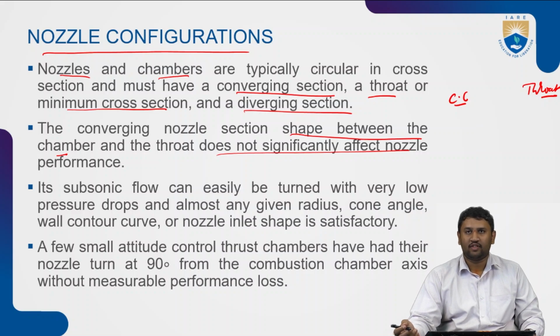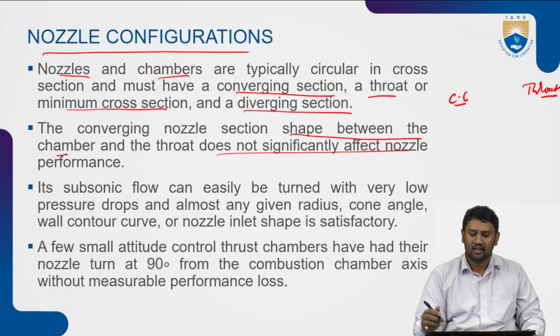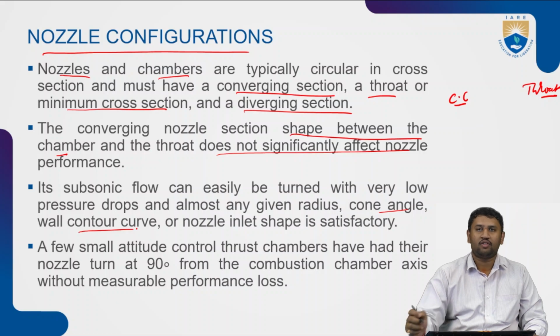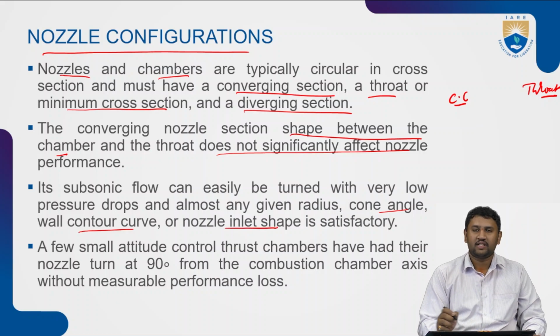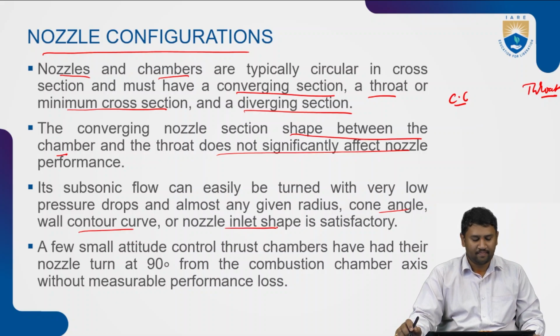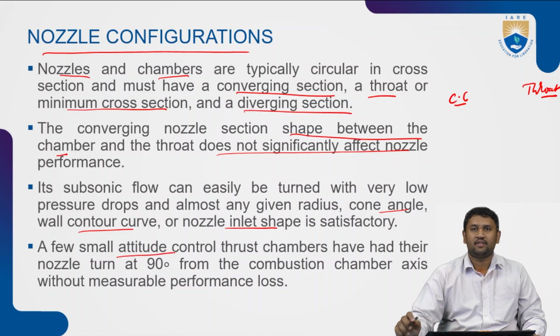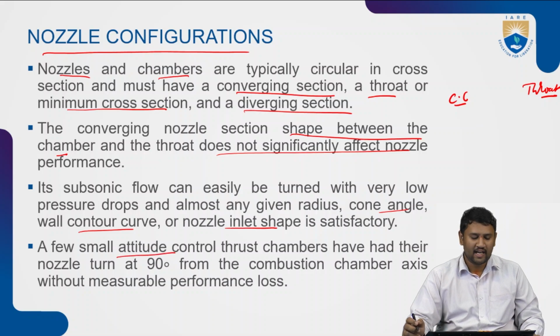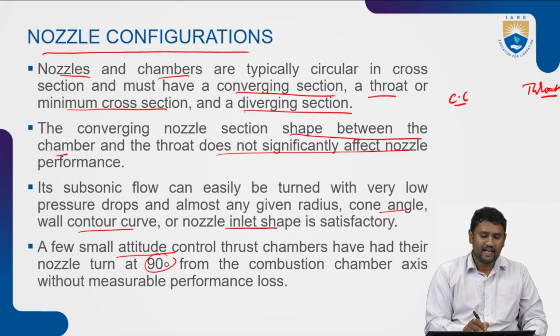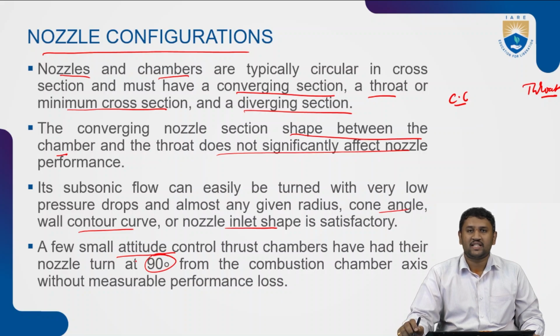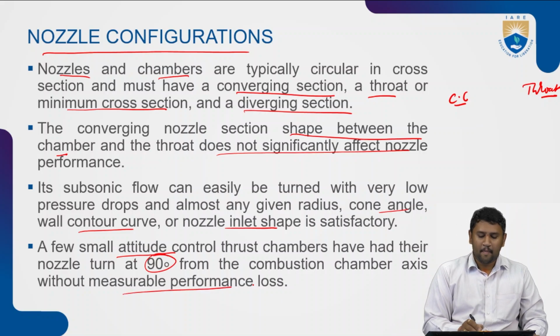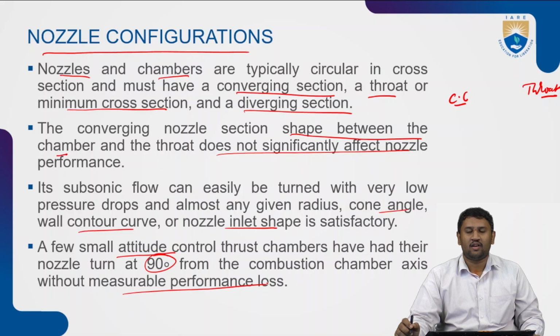In subsonic flow, the flow can easily turn with a very low pressure drop, so almost any radius, cone angle, wall contour curve or nozzle inlet shape is satisfactory. A few altitude control thrust chambers have had their nozzle turn at 90 degrees from the combustion chamber axis without measurable performance loss.